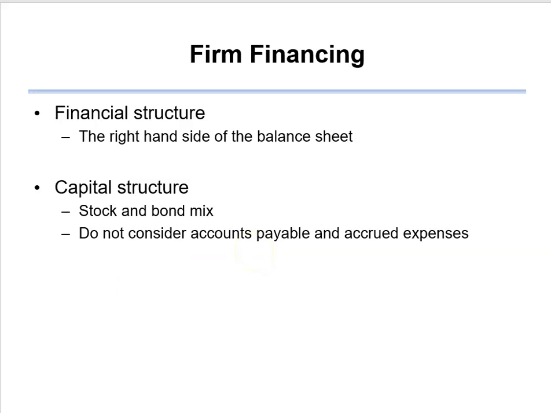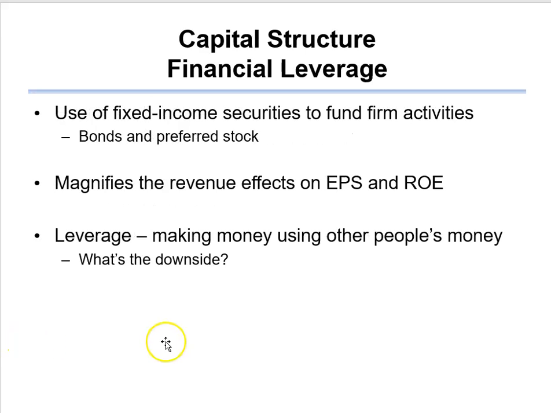All right, so we had operating leverage. Now we have financial leverage. The more we use bonds and preferred stocks, the greater our financial leverage. We're going to use fixed income securities to fund activities. Why? Because using bonds magnifies the effects on return on equity and earnings per share. Why does it do that? Well, because I have less equity in the business.